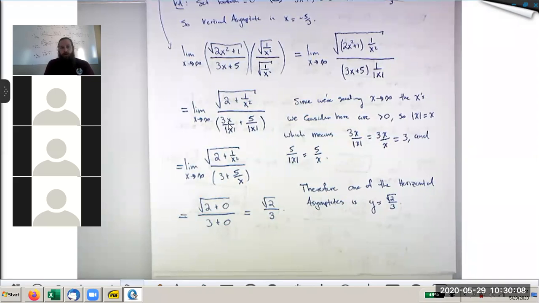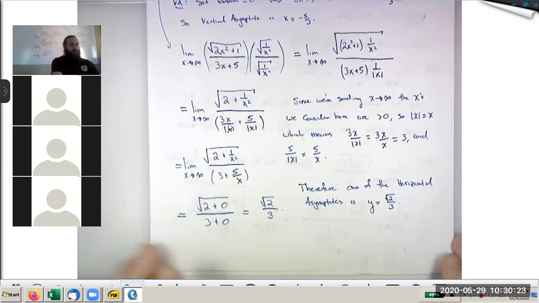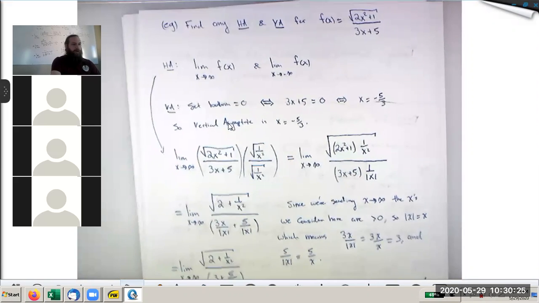And we still have another computation to do. I still have to do the limit at minus infinity to see if there's a different horizontal asymptote on that side. Remember, like arctangent has a different horizontal asymptote on the left and on the right. So let's go ahead and do the limit at negative infinity.